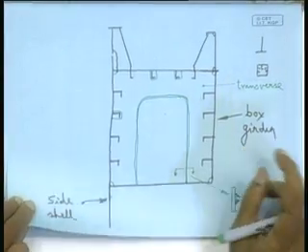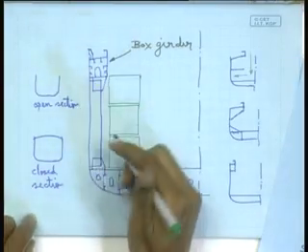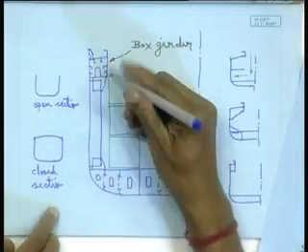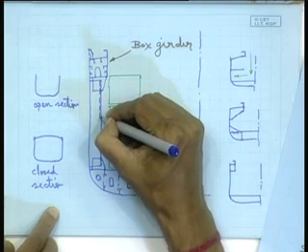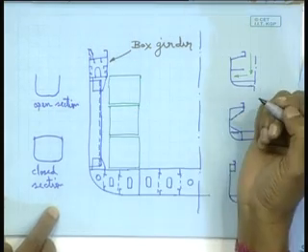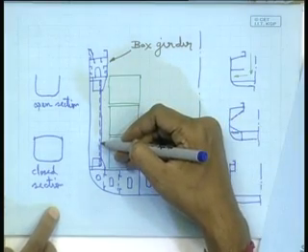This is provided for additional torsional strength as well as your side shell stiffening. You can see the side shell here again is transversely stiffened. You have heavy transverse framing on the side shell.